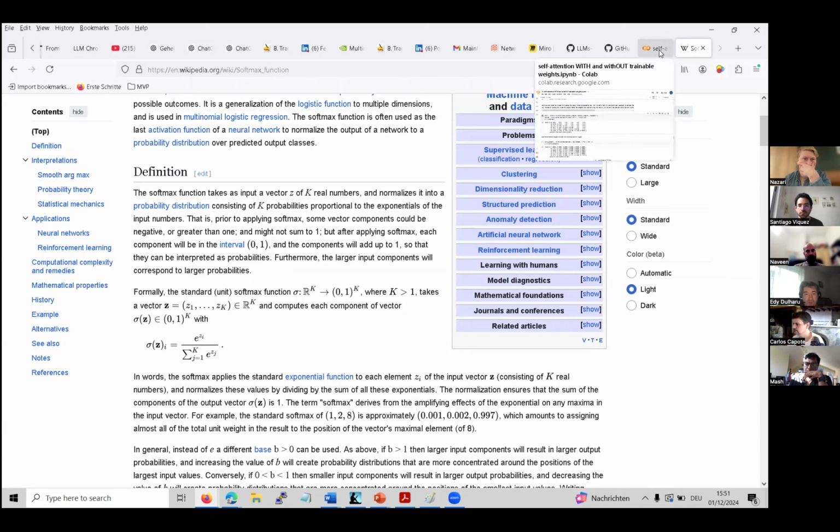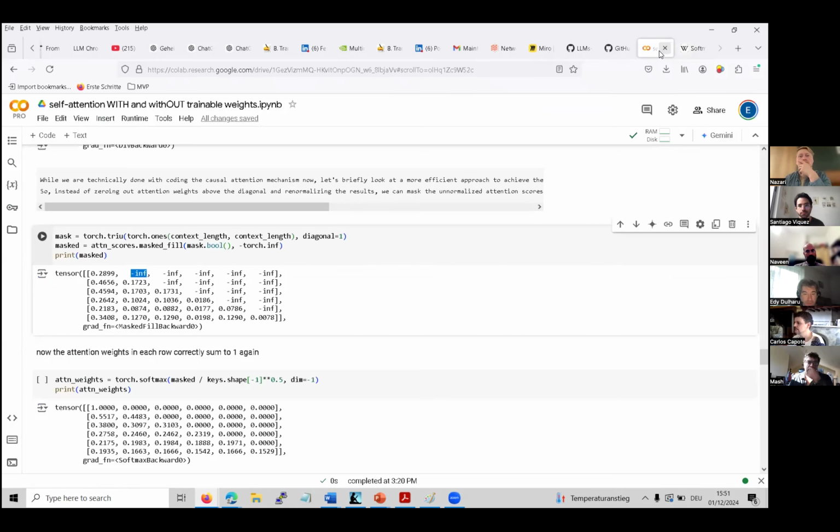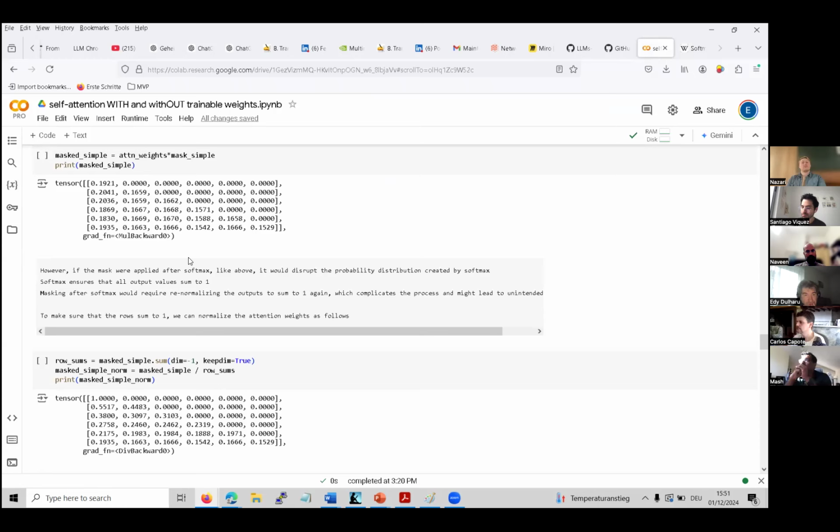I repeat: before we turned these elements above the diagonal to 0, we already used the softmax function in the calculation of these elements, which took into account all the weights.